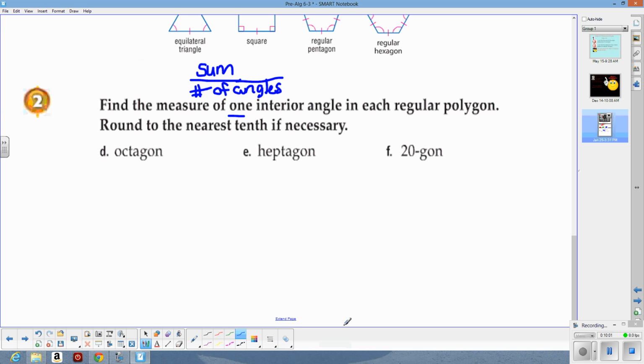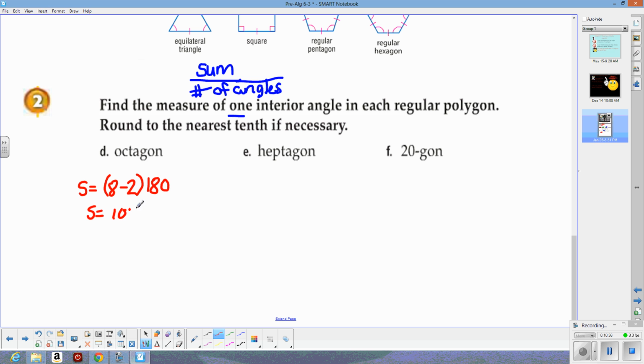Let's start with an octagon. The first thing we're going to want to do is figure out what the sum is. The sum is going to equal the number of sides, which is 8 minus 2 times 180. 8 minus 2 times 180 is going to be 6 times 180, which is 1080.